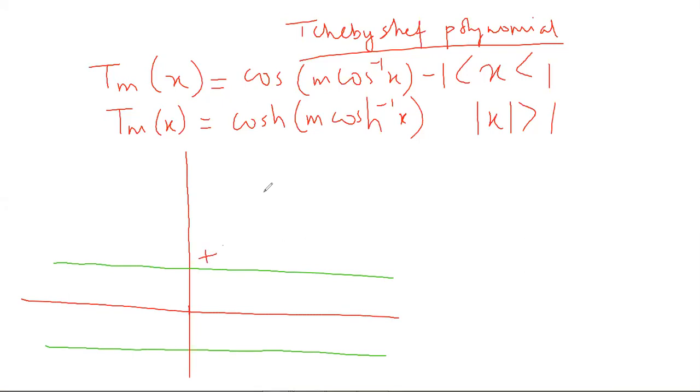This is +1 and this one is -1, and the vertical axis is Tm(x) and the horizontal axis is x.